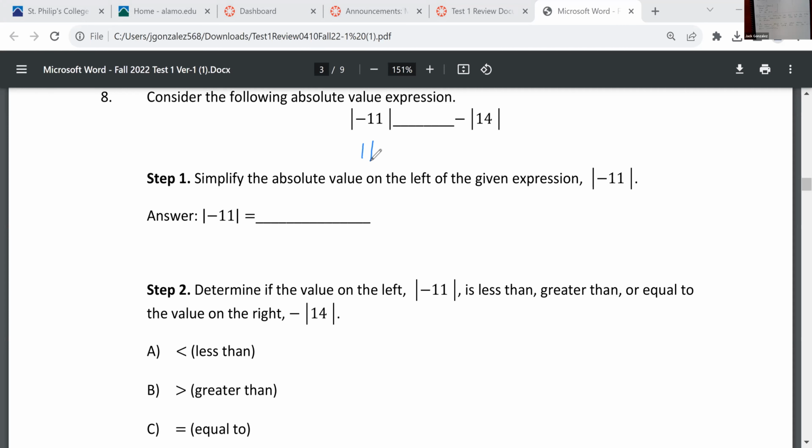This becomes an 11. This stays the same, but there's a negative waiting for you. But once you deal with the absolute values, now which one's smaller? -14. So the arrow will point to that small one. Greater.